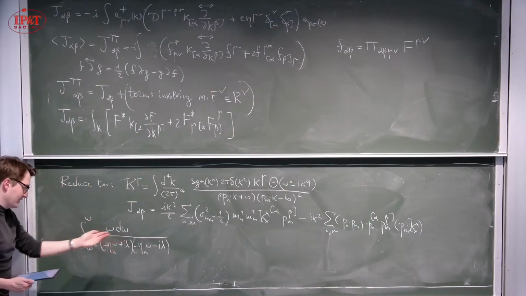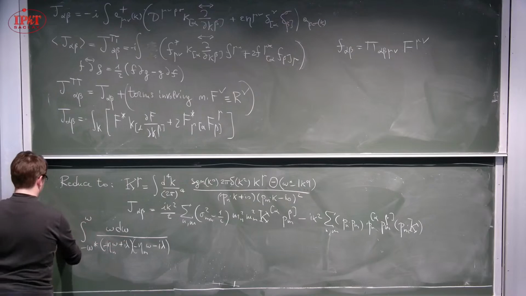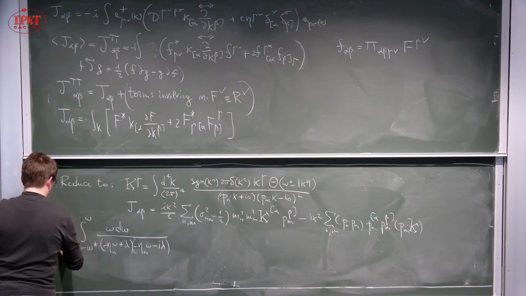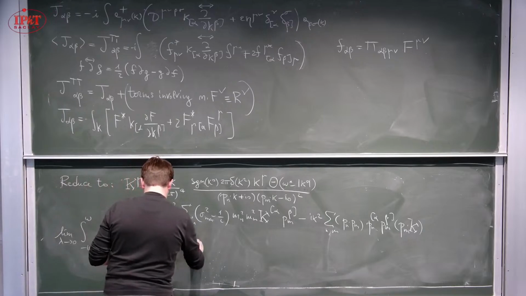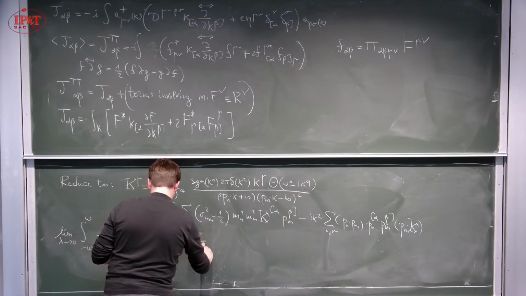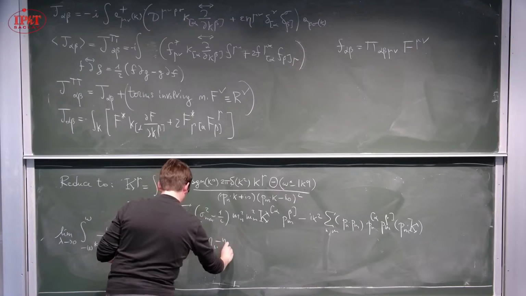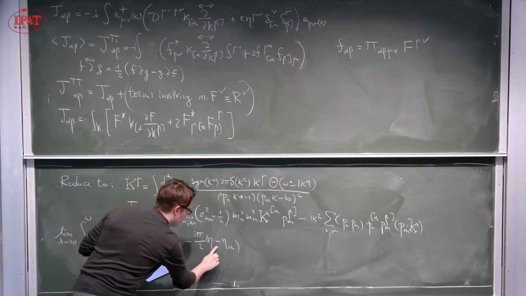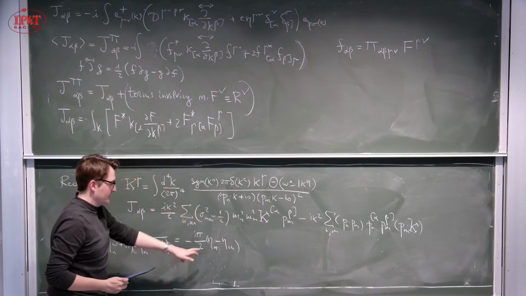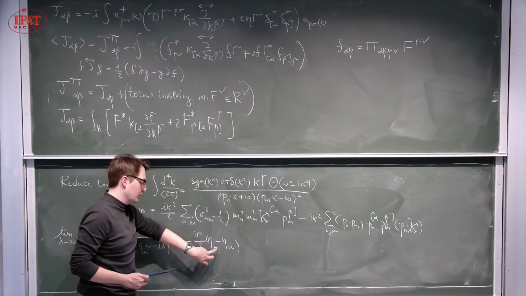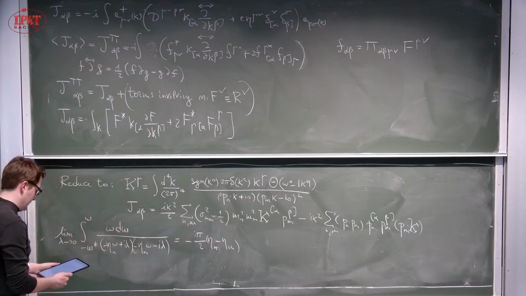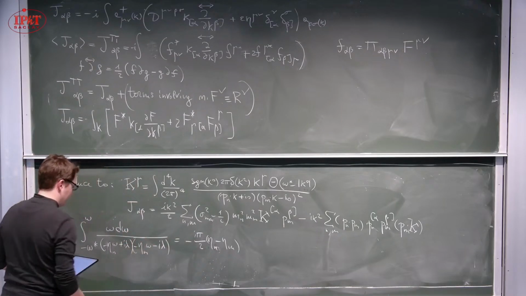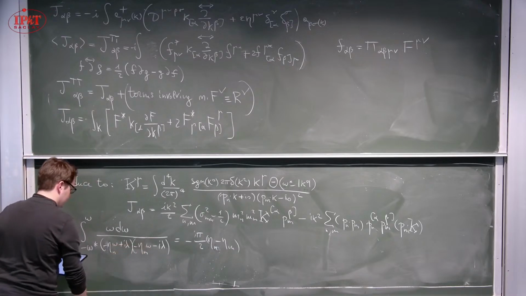This is an elementary integral you can do by partial fractions, and then send lambda to 0 at the end. And then you can find minus i pi eta n divided by eta n. You remember this is plus if the state is outgoing, minus if the state is ingoing. This is a compact way of writing them. And then there is a similar companion integral where you get the square of one of the two.